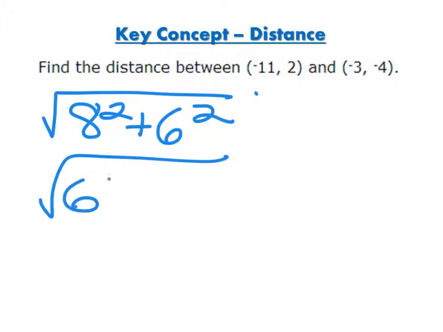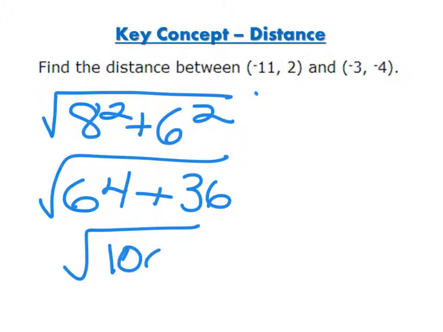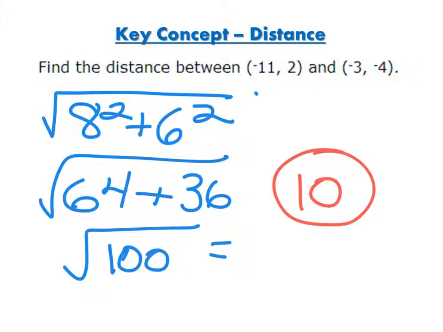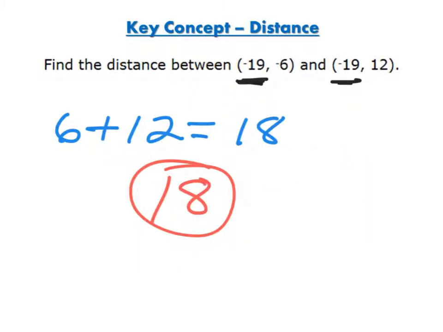So that's 64 plus 36, which gives us the square root of 100, and the square root of 100 is 10. So the distance between those 2 points is 10. And it's that way whether you have the x values the same or the y values the same.